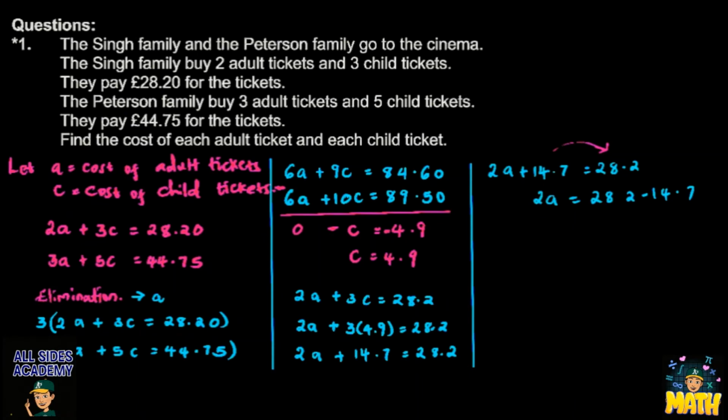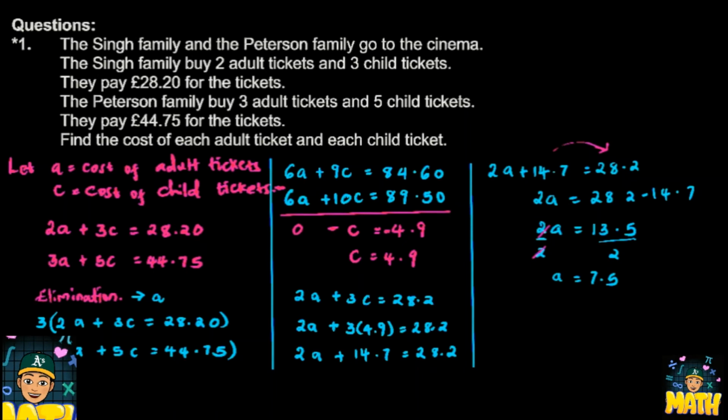2A is going to give us 13.5. Now I want to remain with A on one side, so I divide by 2. A equals 7.5.